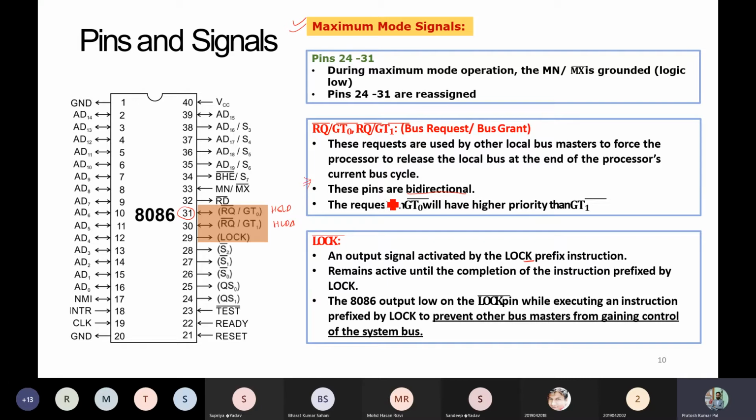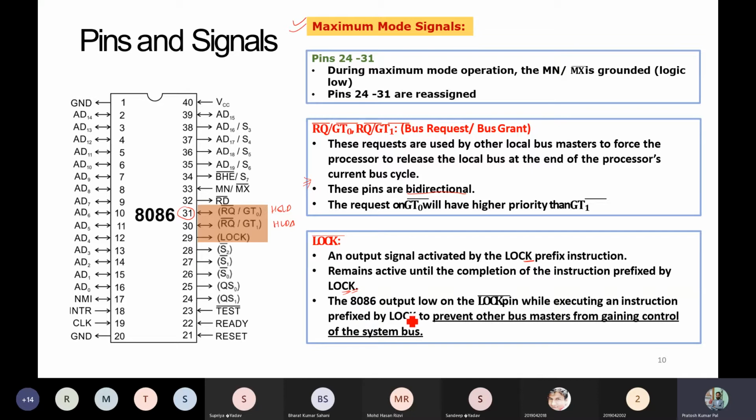It is active low and remains active until the completion of the instruction prefixed by LOCK. While executing an instruction prefixed by LOCK, the 8086 outputs low on the LOCK pin to prevent other bus masters from gaining control of the system bus.